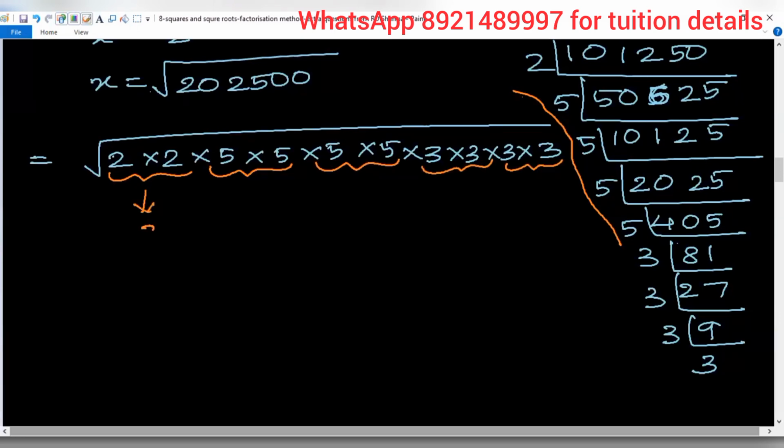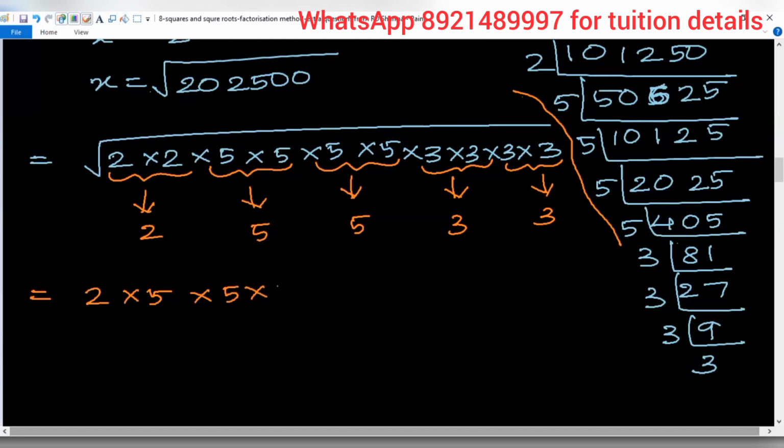So we can take 1 two, 1 five, again 1 five, 1 three, again 1 three. So actually it is same as 2 into 5 into 5 into 3 into 3. 2 into 5 is 10. Then 3 into 3 is 9. 9 into 5 is 45. 45 into 10 is 450. So this is the number of residents in that locality.